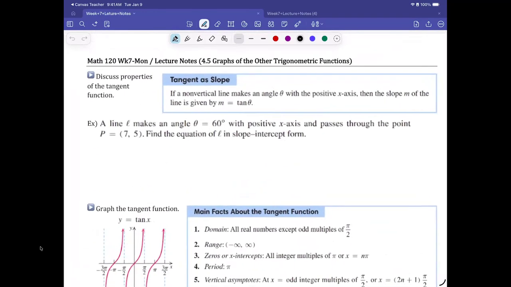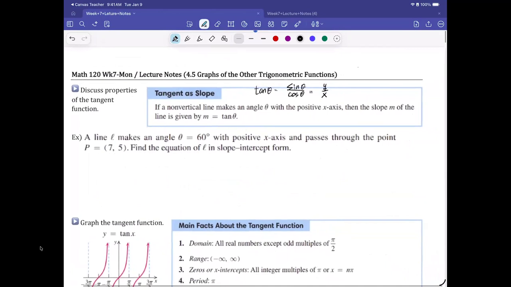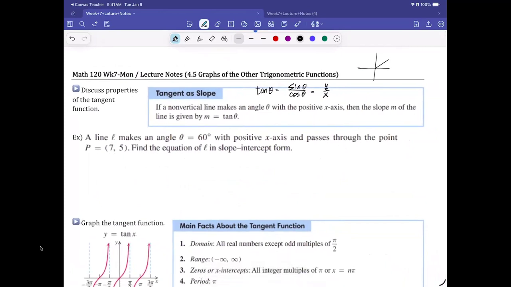Tangent has a slope, because tangent theta is sine theta over cosine, so this is y over x. This ordered pair, if this is theta, x comma y, like I said, the x value is the cosine and the y value is the sine.